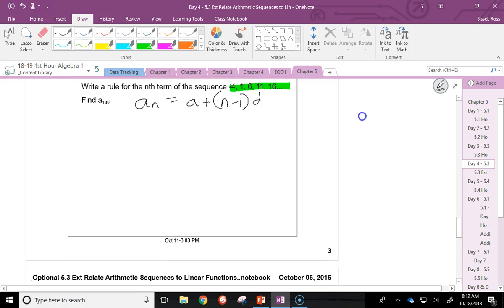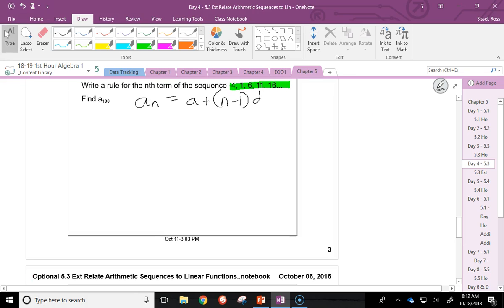Alright, since I wrote it, I'm going to scroll up now. They're asking me to find out in this sequence, -4, 1, 6, 11, 16, what's the difference. What's the pattern happening right now? What would be the next number? After 16, what would come next?